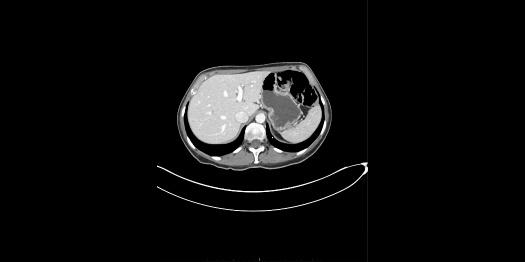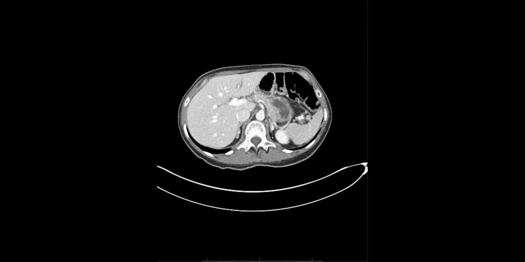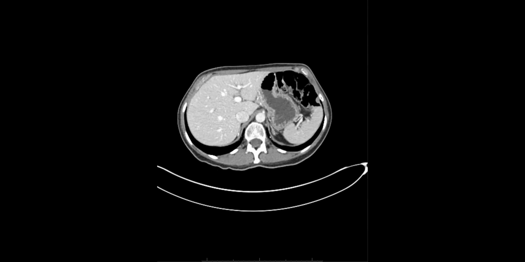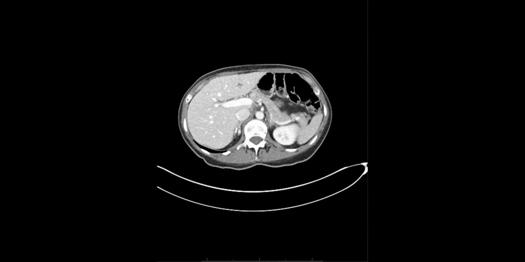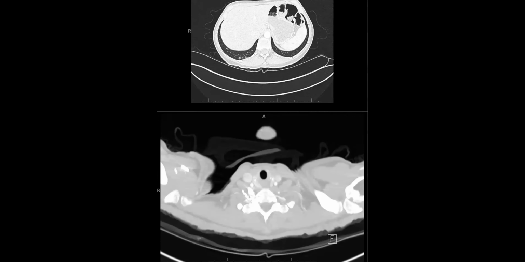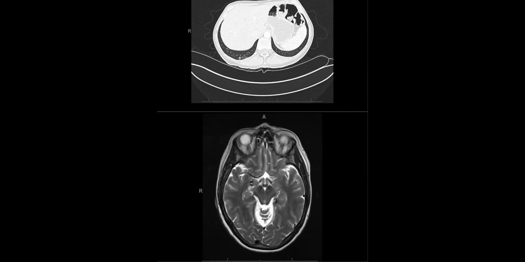When you see this, especially because there's a genetic founder mutation that's common in the Southwest, it's an association with cerebral cavernous malformations of the brain, which cause little bleeds.